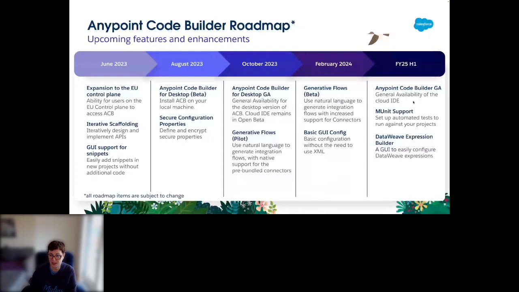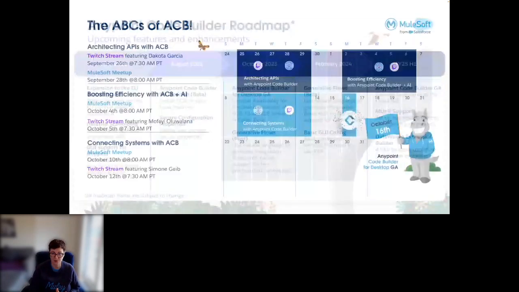Then both will be GA. We are working on MUnit support and also DataWeave expression builder. There's obviously a lot more features, but they don't all fit on this slide. But every new release of Anypoint Code Builder will bring new features and will bring us closer to parity with Anypoint Studio.